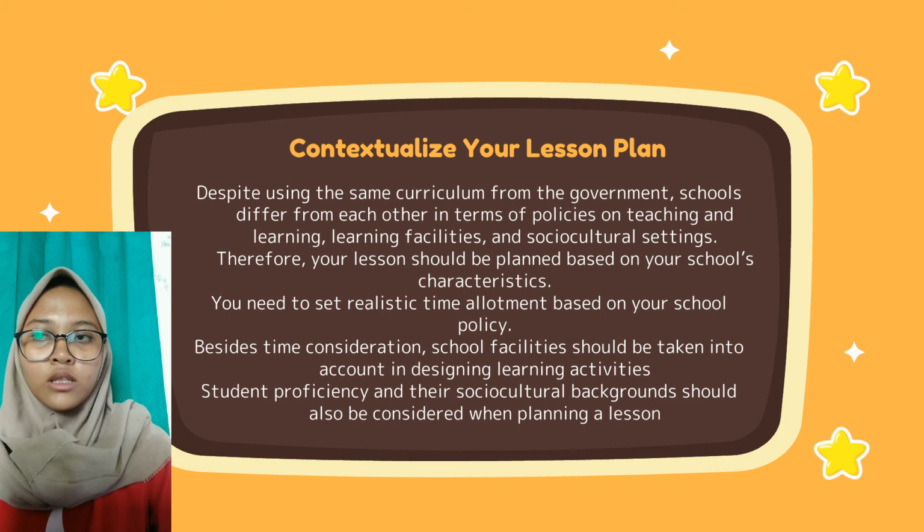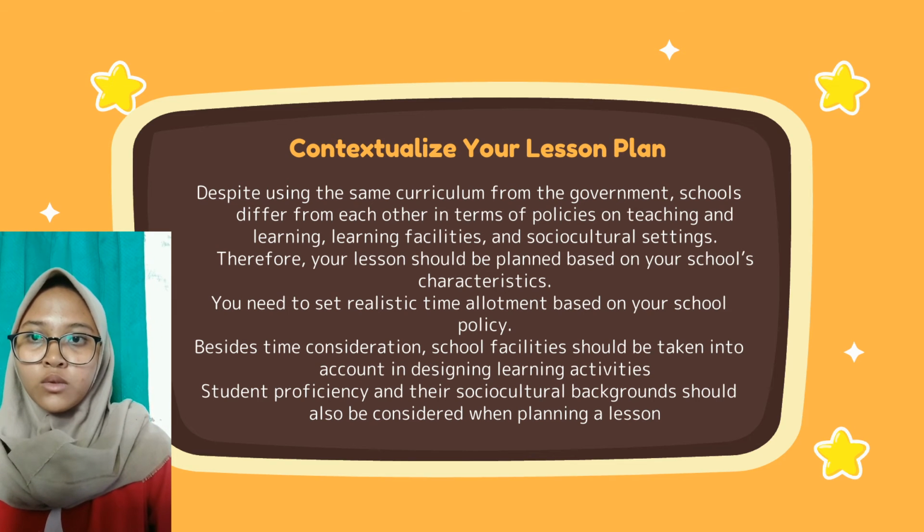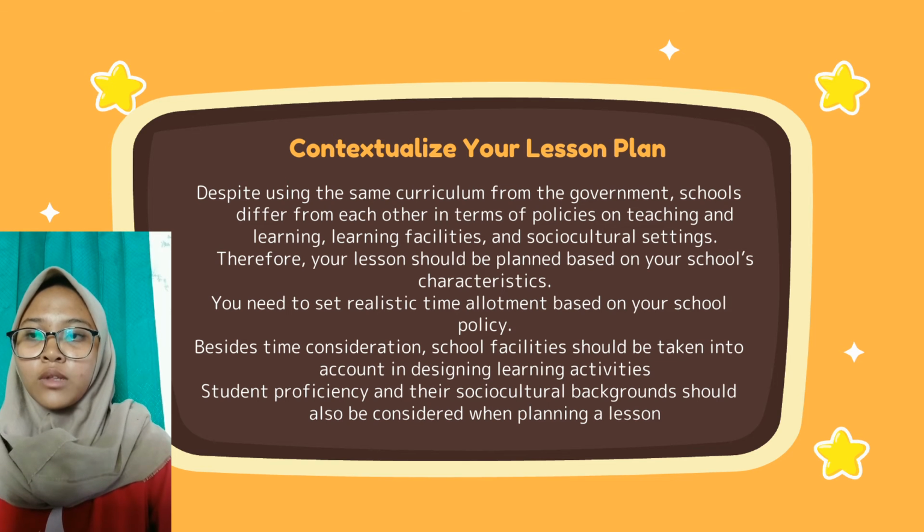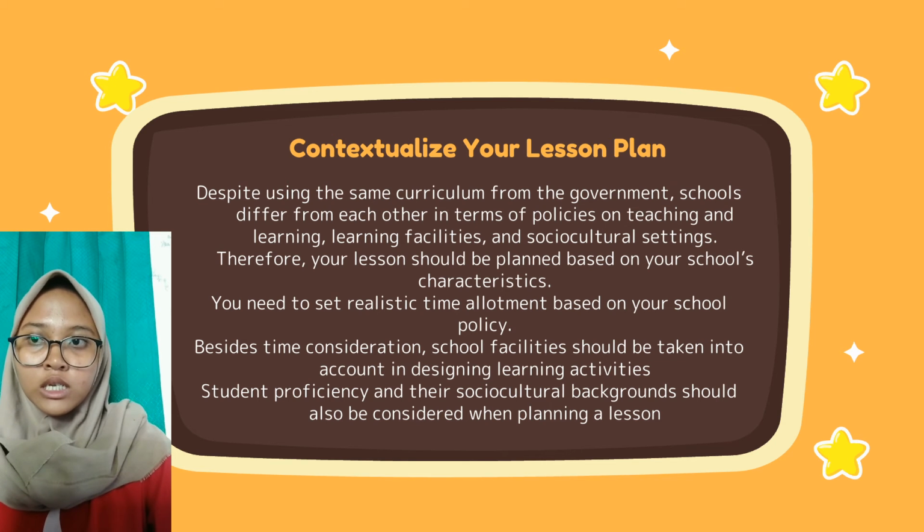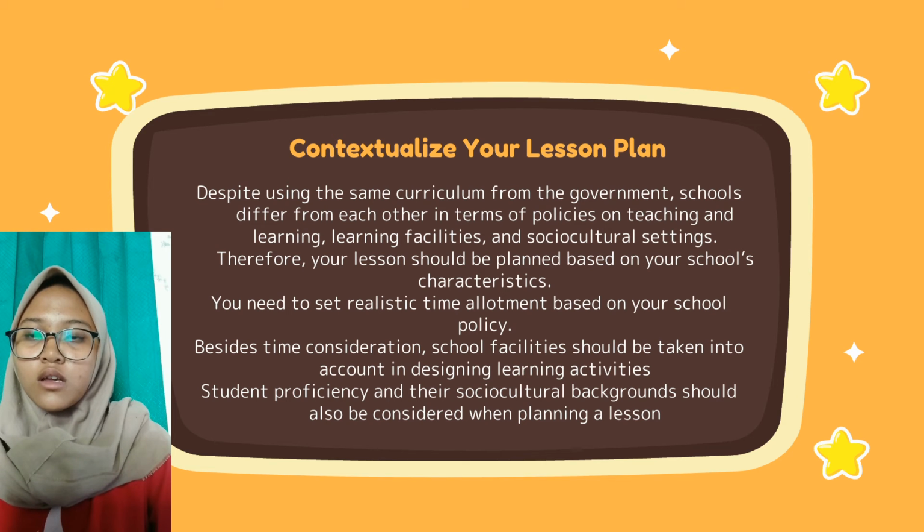The time allotment for the English subject in most public schools is different from the one in many private schools. Thus, you need to be able to adjust your learning activities according to the time allotment given by your school. If you don't do so, your lesson will be over or under time.